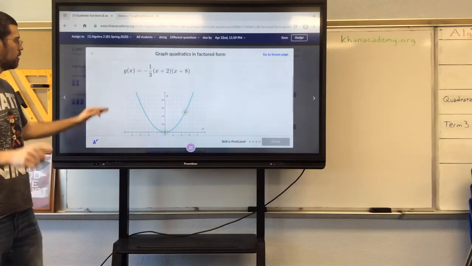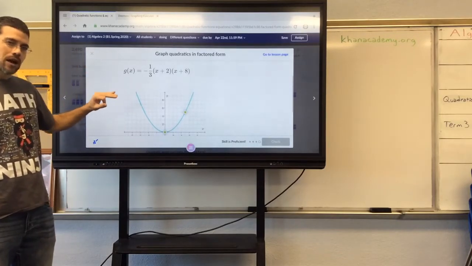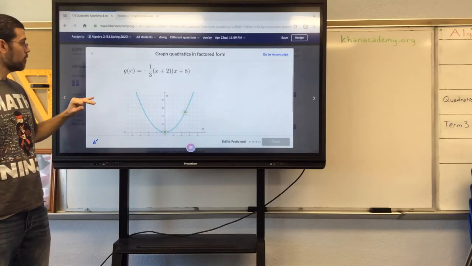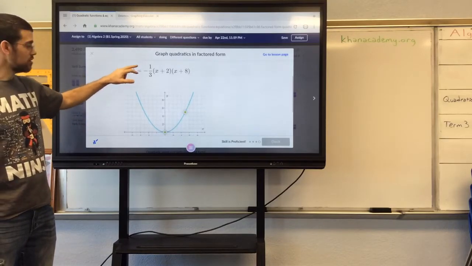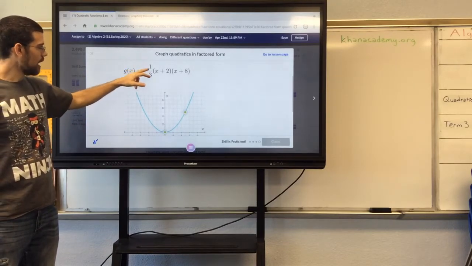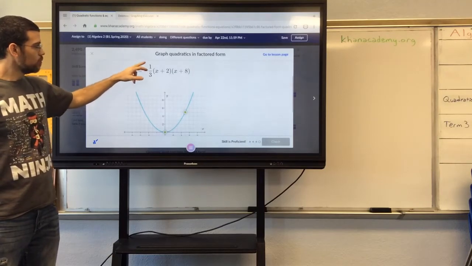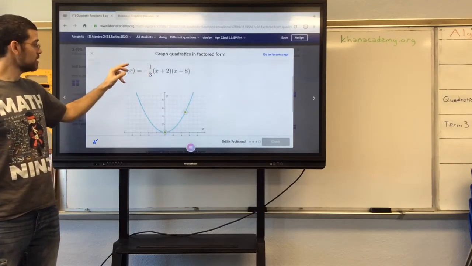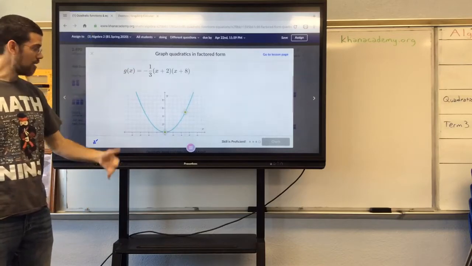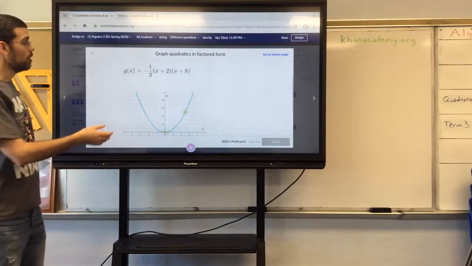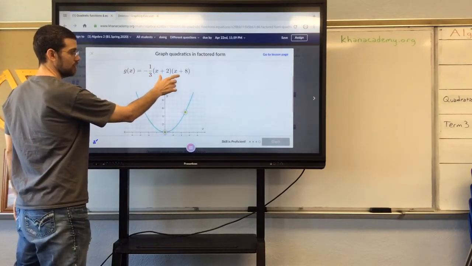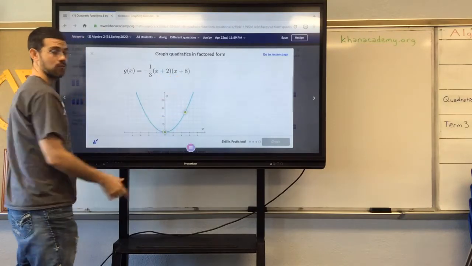Before we go on, does this parabola open up or down? We can know the answer to that question just by looking at the constant here. If it's negative, we're going to open down. If it's positive, we're going to open up, presuming that both of these are positive.